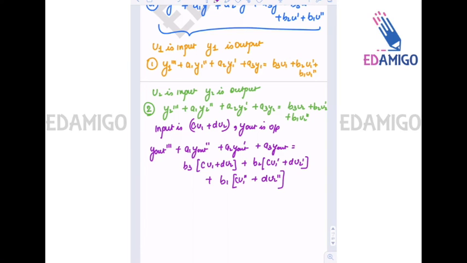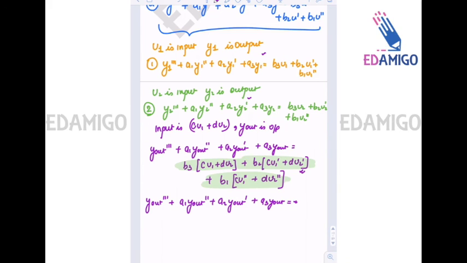Now we can say that this expression is actually equal to the sum of the RHS of equation number 2 and equation number 3. So we can say that Y out''' + A1 Y out'' + A2 Y out' + A3 Y out, since this is equal to the sum of the RHS of equation 2 and equation 3, we can write the sum of the LHS also on the RHS of this.